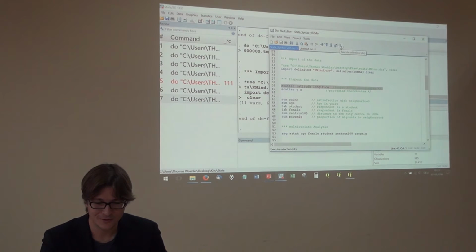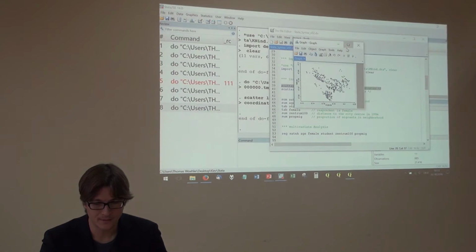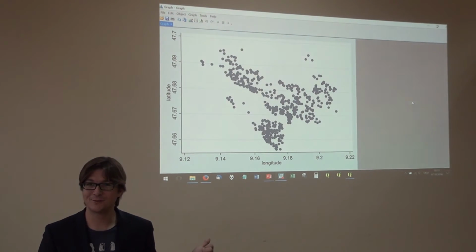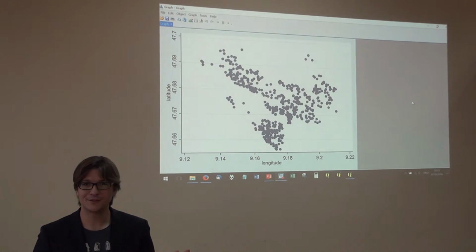First we can use latitude and longitude, and the scatter plot shows the different observations with the coordinates, and that looks a lot like the respondents that we had in our geographic information system.